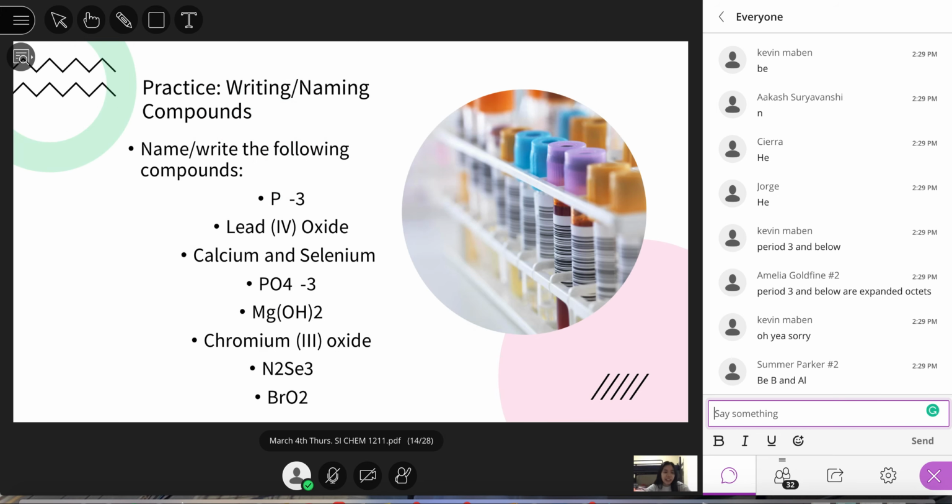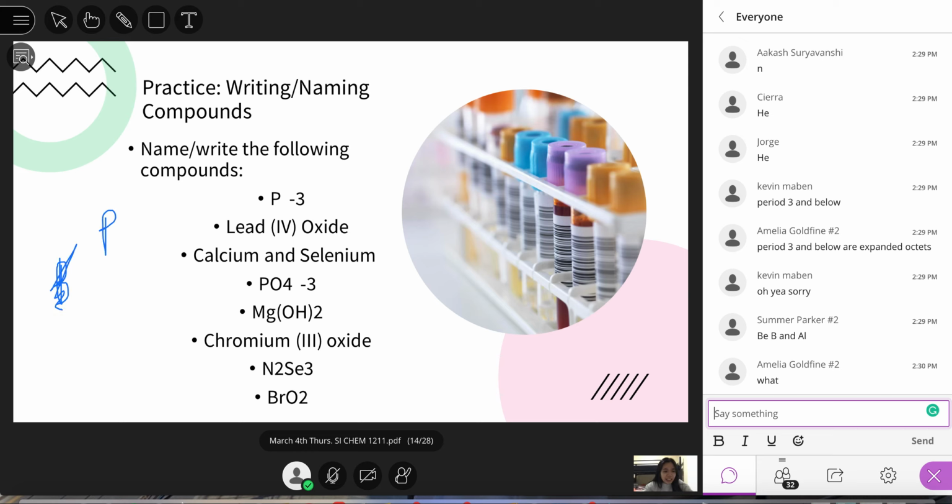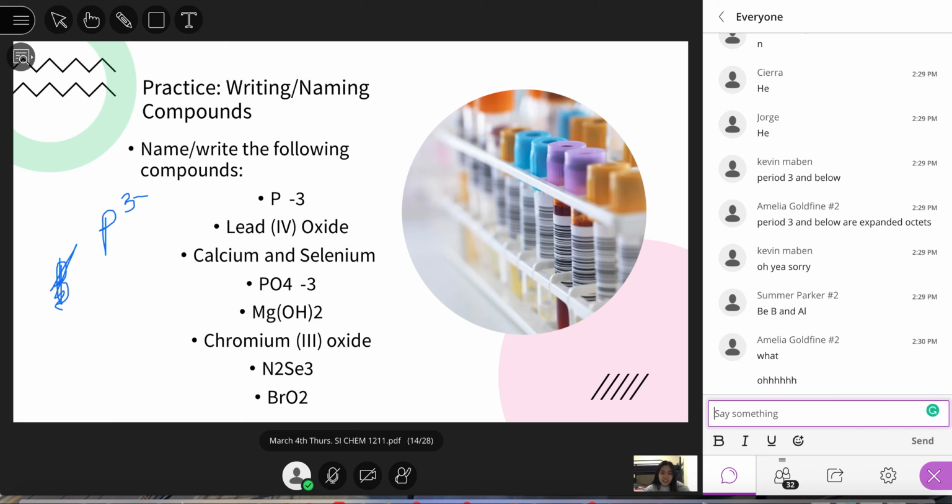After that, okay, let's practice writing and naming compounds. What's P negative 3, or P3 negative? It's kind of hard to write on here, but what is that? Does anyone remember? I can't really do a superscript very much on here, so I kind of just space it out.